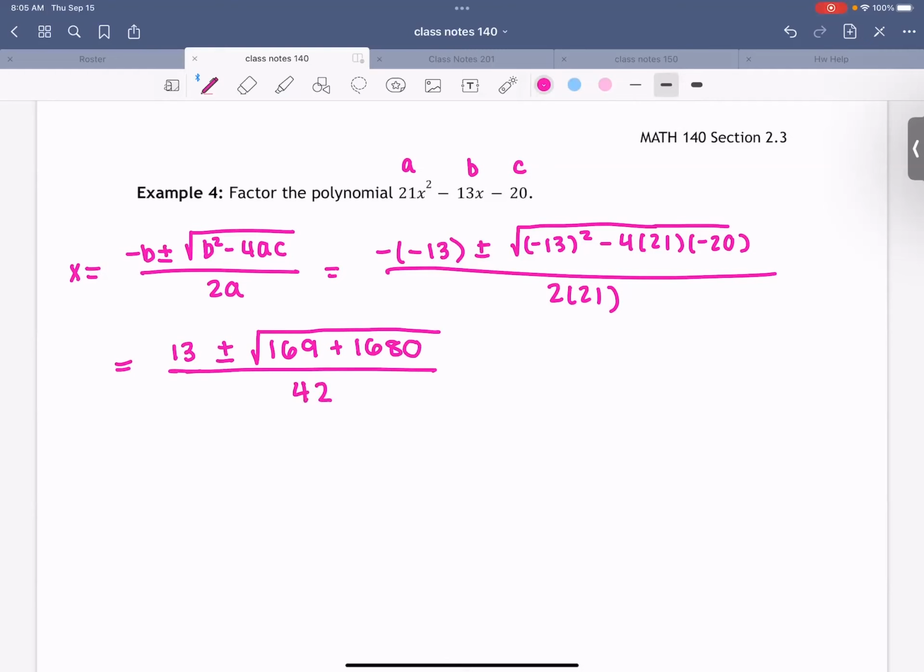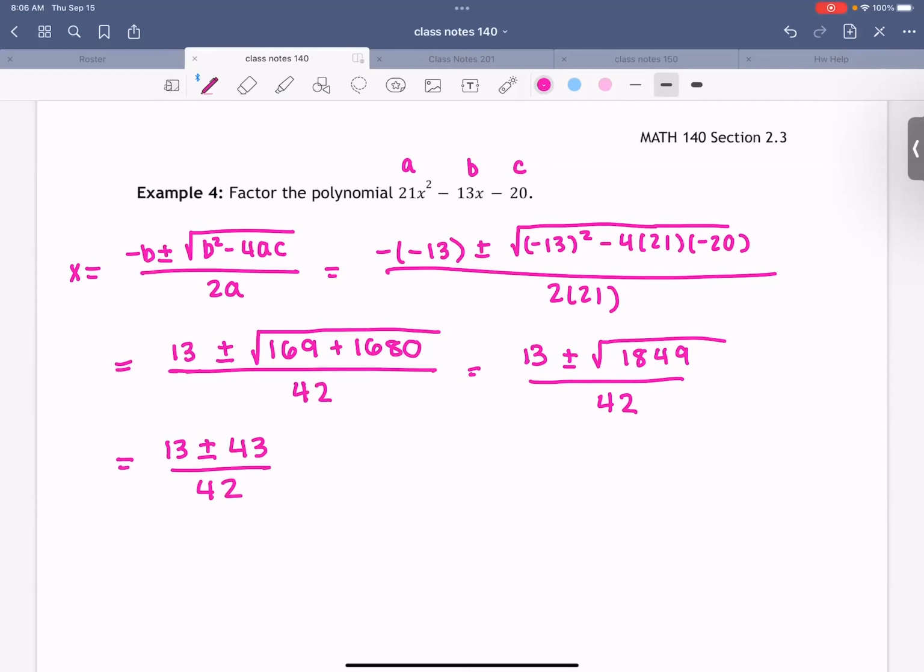Okay, once we get that, I guess I can add the inside of the square root to get 1849 and keep everything the same. And if you go in your calculator and do the square root of 1849, I'm pretty sure we get 43. So it actually turns out to a nice number. 13 plus or minus 43 over 42.